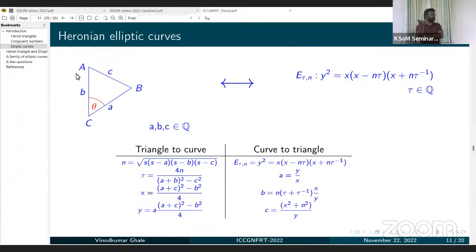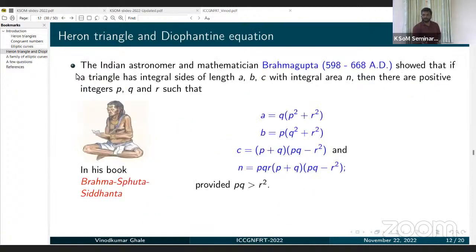Now keep on doubling it or adding torsion points, and we will get different corresponding A, B, C. For all those points, the area will be the same, that number n. So once we get a point of infinite order, we get infinitely many triangles with the same area.